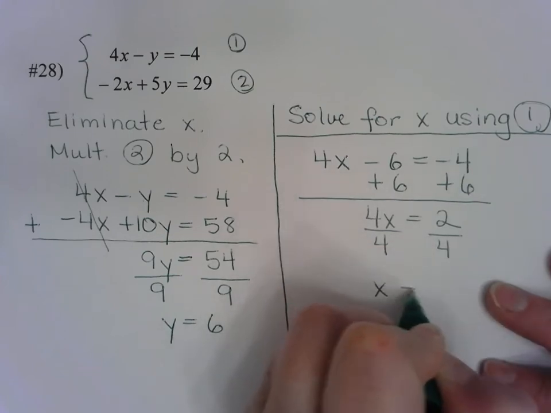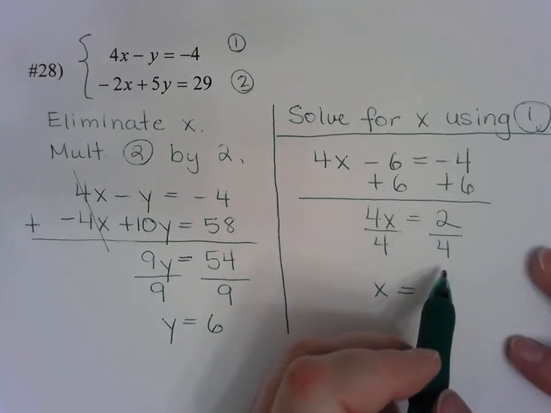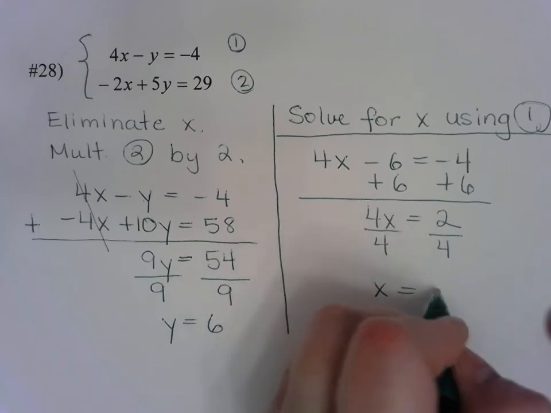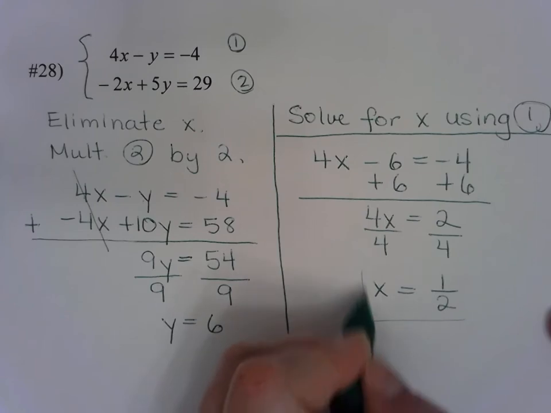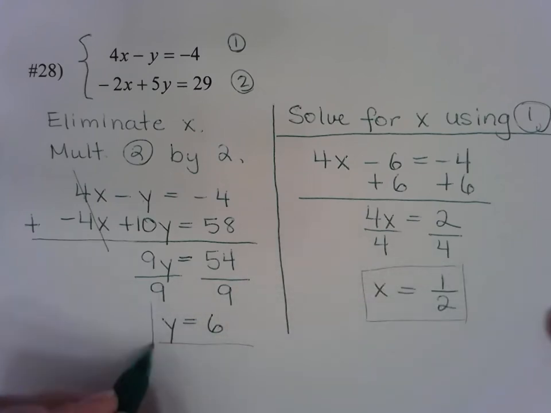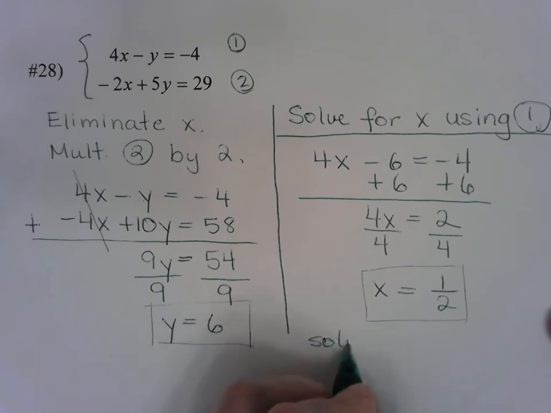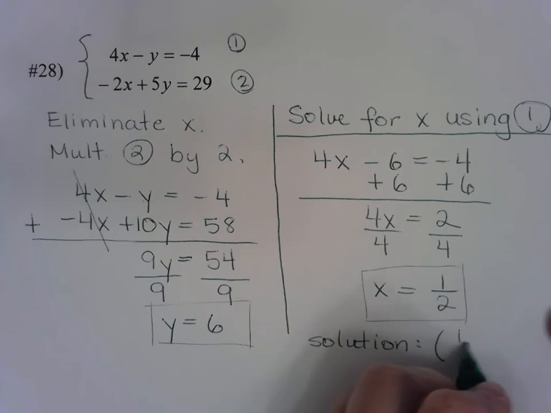Okay, and I end up with 2 divided by 4, but I can reduce that to 1/2. So again, you're welcome to leave your answer as 2 separate spots here, or you can write it together as a point, 1/2, 6.